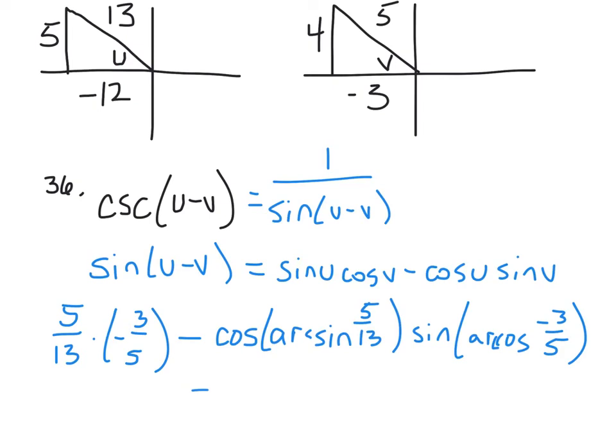So that would be negative 12 over 13. And then for this statement, we're using this triangle, and so we're really finding the sine of v. And so that's going to be 4 over 5.